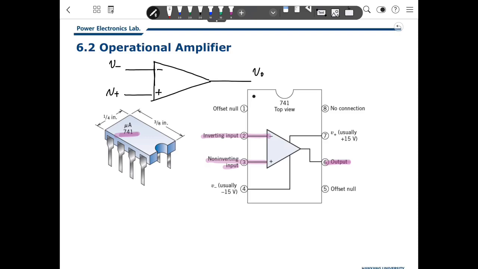Here we can make a resistor, and this R is infinity, and this is a kind of voltage source. I mean, this is a dependent voltage source, K times (V plus minus V minus). I mean, the voltage difference between the inputs is multiplied, I mean amplified, but the K is infinity. This is the general model of the op-amp.